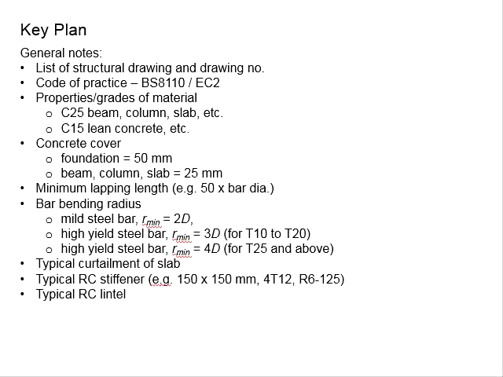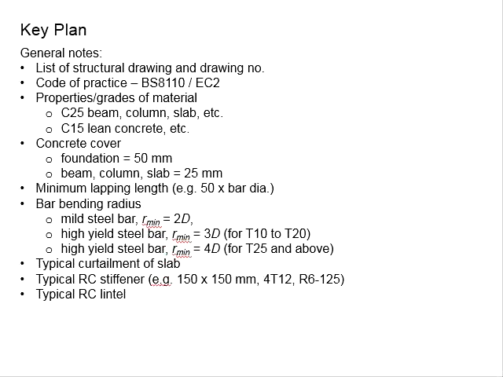Another one covers all the aspects related to the structures, which have been standardized across the entire building. This will include the code of practice applied, the properties of the materials, the concrete cover, the lapping length, the bending radius, and several standardized designs.